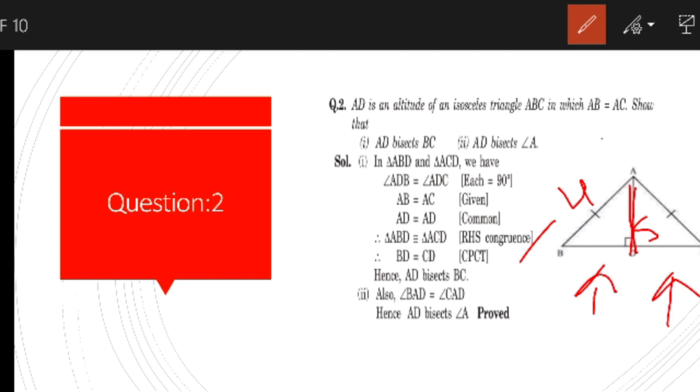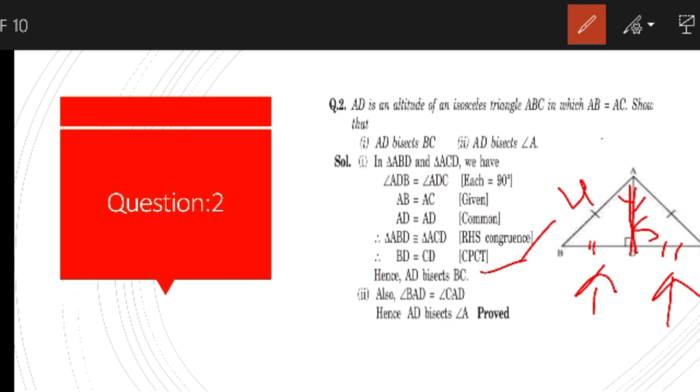Which will give us BD is equal to CD, that is by CPCT. So we can say AD bisects the line BC. Also angle BAD is equal to angle CAD.